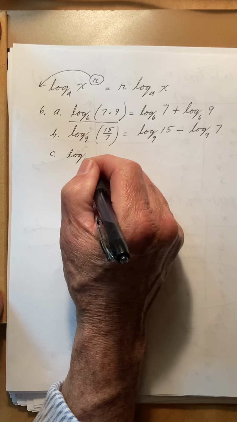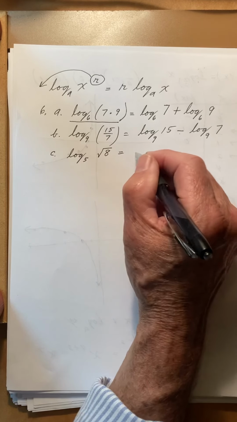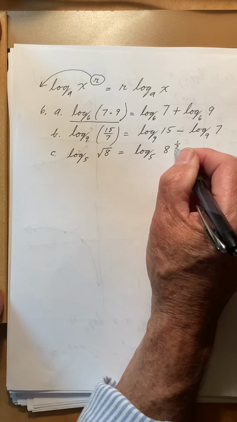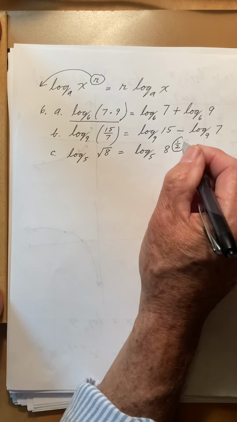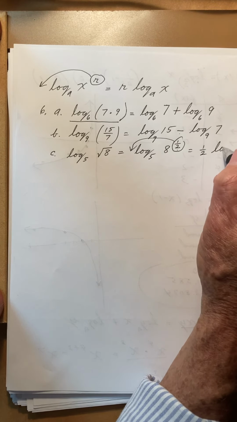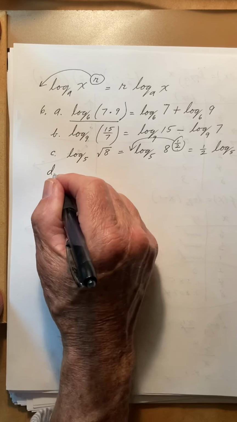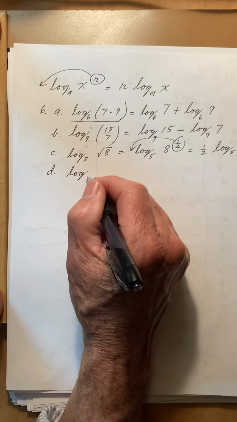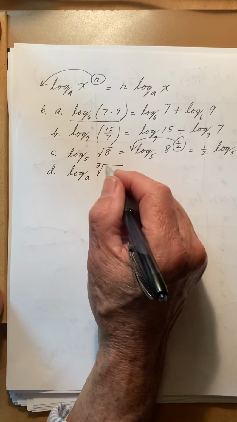Log base 5 of the square root of 8 is the same as log base 5 of 8 to the 1/2 power. The square root's the same as 1/2 power. We could take this 1/2 and put it out in front, and that gives us 1/2 log base 5 of 8. Part C, log base a of the cube root of m squared.